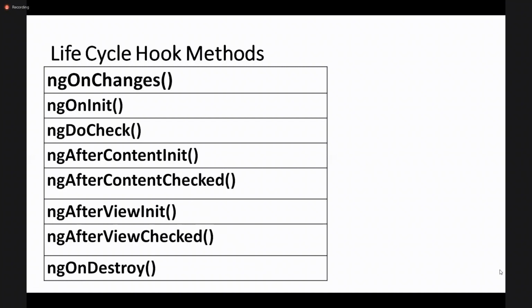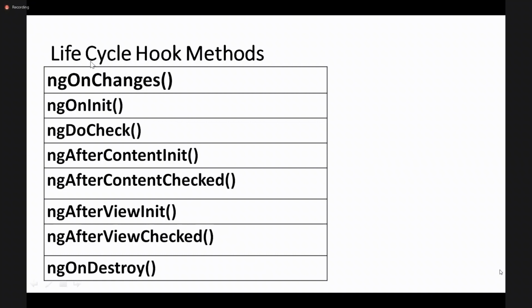That means every component will have these methods. Internally, these phases are working. One by one, we will explore them and see what these phases are and how these hooks work.